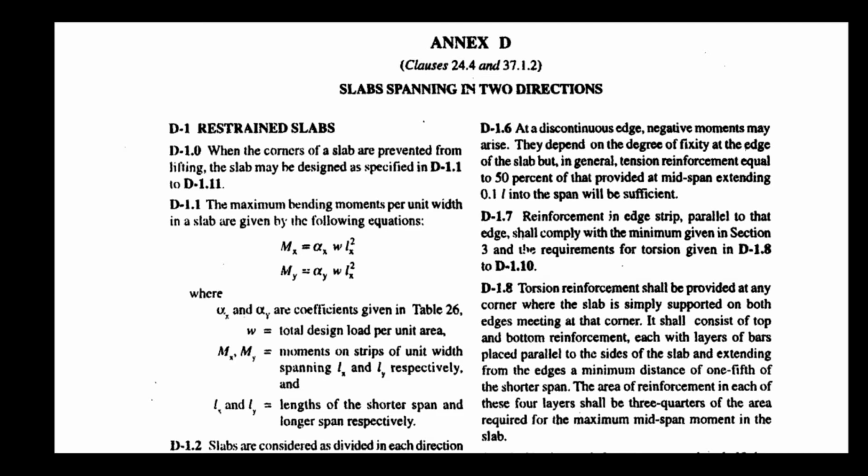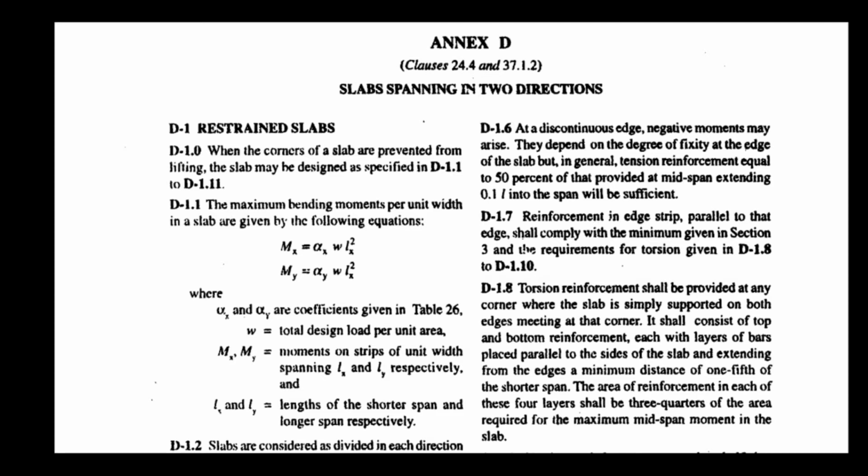Mx for shorter span is equals to alpha x w Lx square, and My moment for longer span is equals to alpha y w Lx square, where alpha x and alpha y are coefficients given in table number 26.